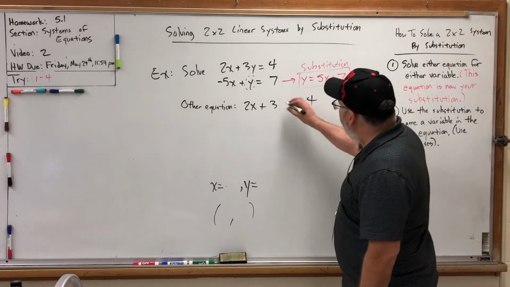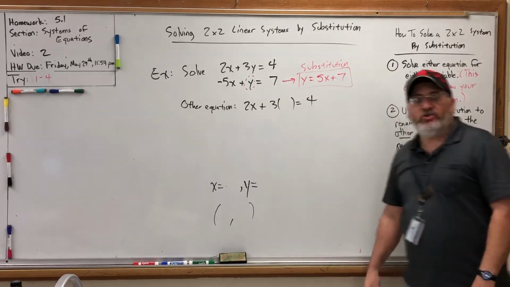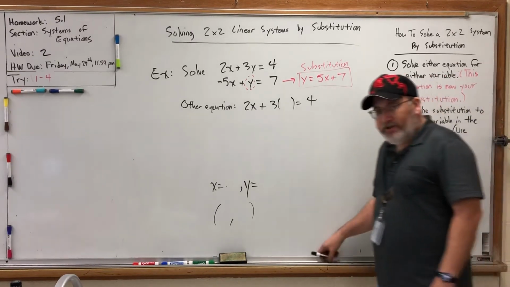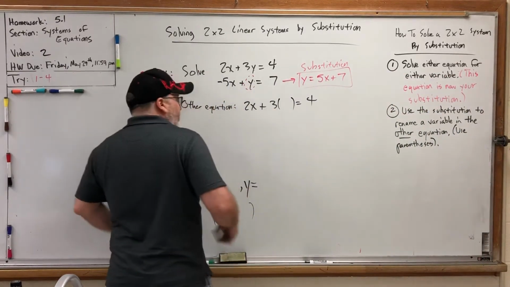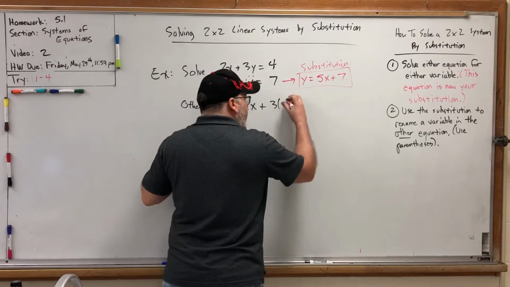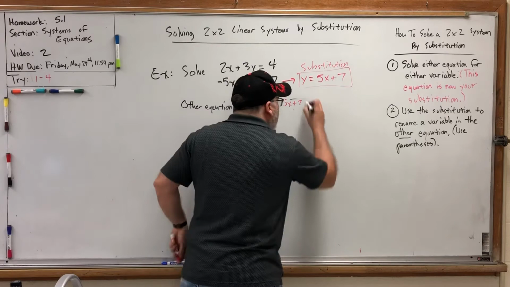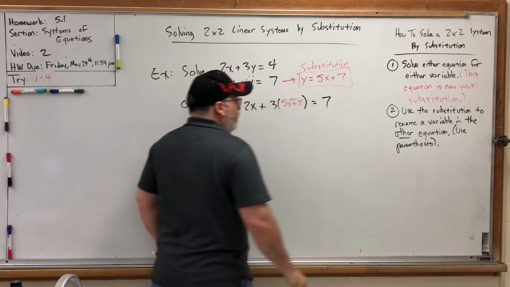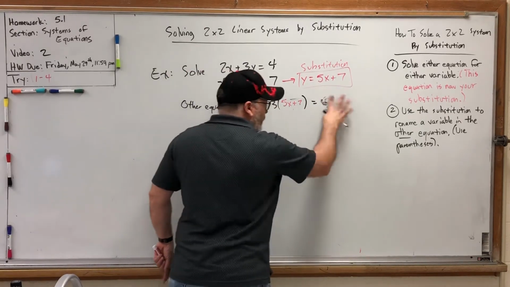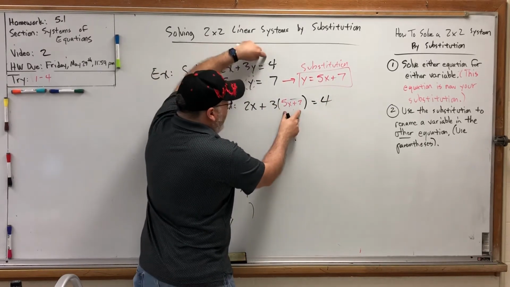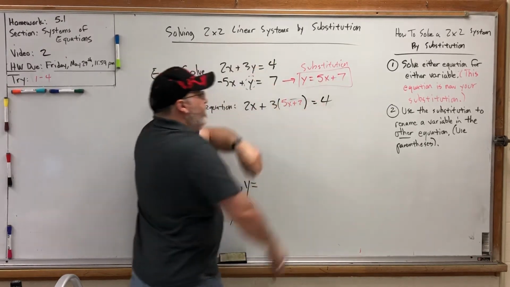Instead of writing that letter, write some empty parentheses. Because that's where the y used to be, and guess what I'm going to put in its place? 5x plus 7. Scoot that over. Oops, that's not equal to 7, it's equal to 4. 2x plus 3y equals 4, yeah.